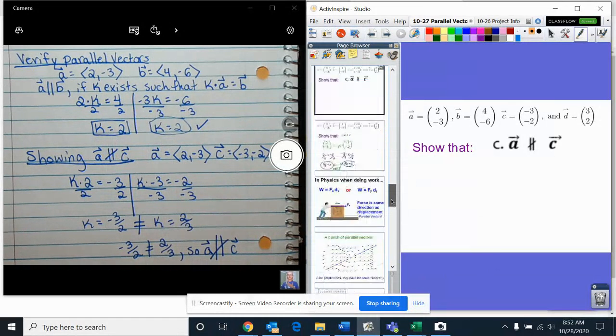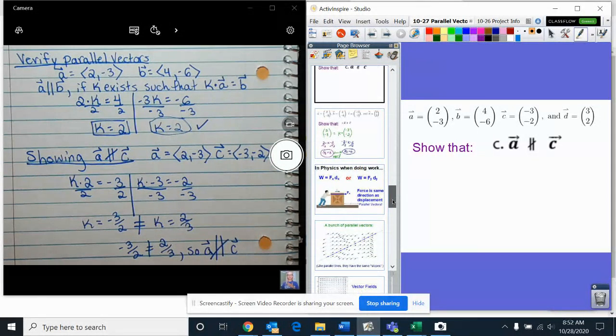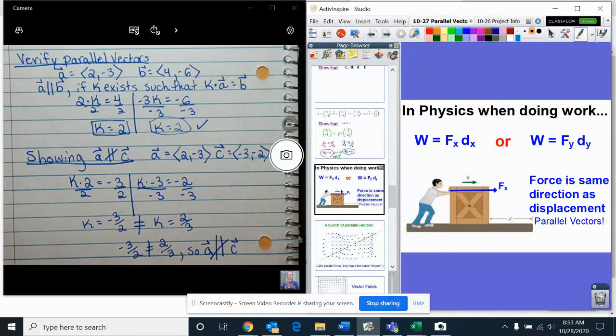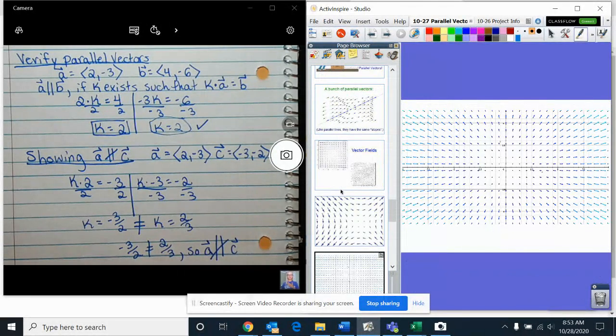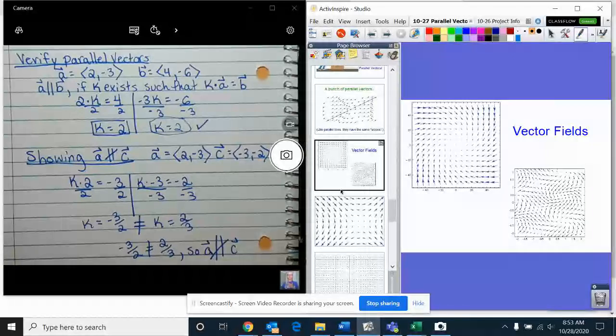If you would like further examples of parallel vectors, or to see a picture of parallel vectors, think about physics. And there's a couple other images. Also, Dr. Megginson, the mathematician we studied after Indigenous Peoples Day, is a mathematician that studies vector fields.